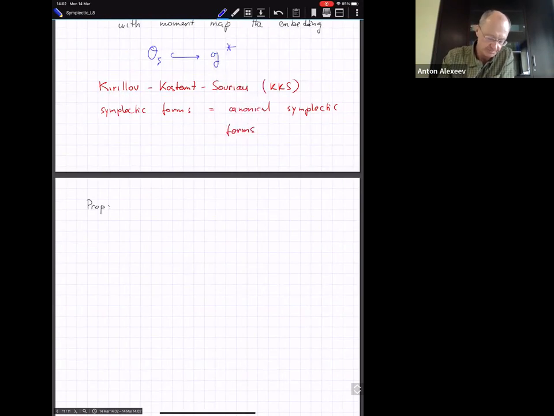Suppose you have a Hamiltonian G space which is a homogeneous space, so it is G mod some subgroup. Here there is some omega, there is a moment map. A homogeneous Hamiltonian G space.